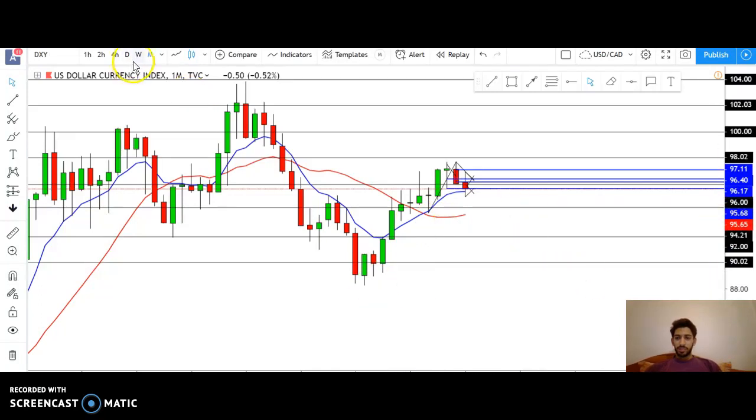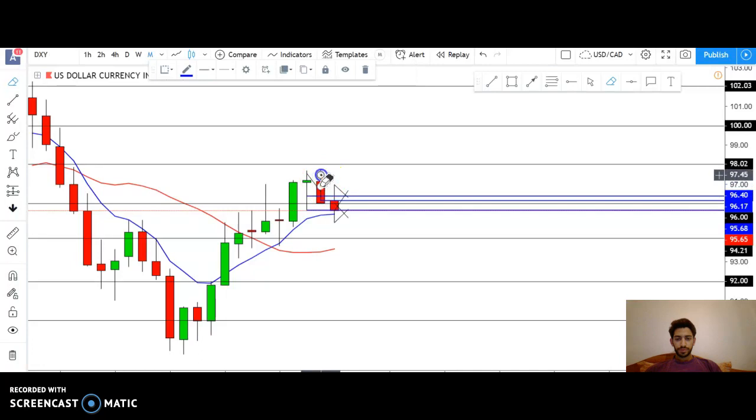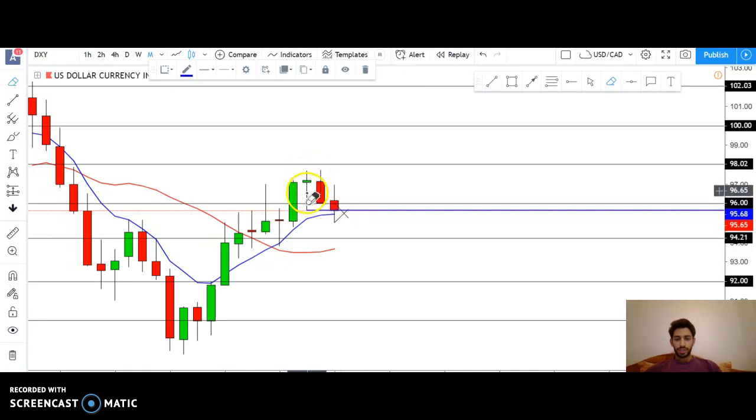Anyways, on the monthly time frame, we can clearly see that last month, if I take away all these lines, closed bearish. It closed as a shooting star, and it's bearish engulfing this doji. This doji represents indecision.